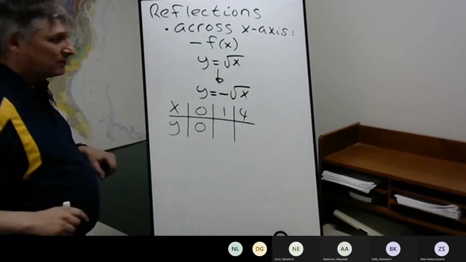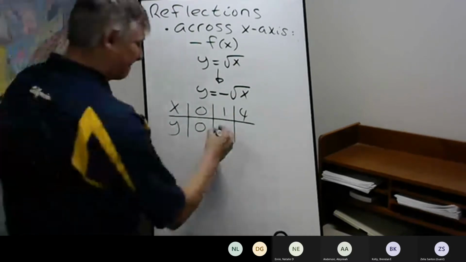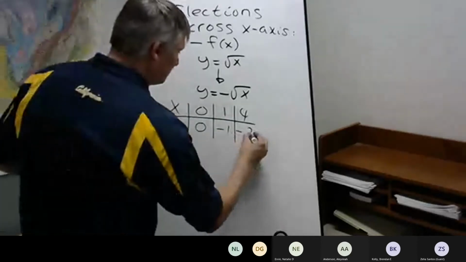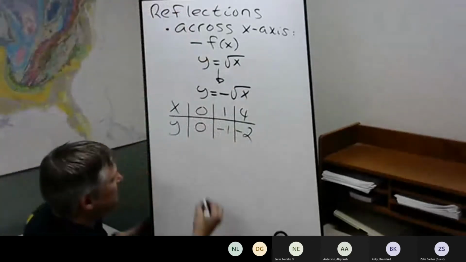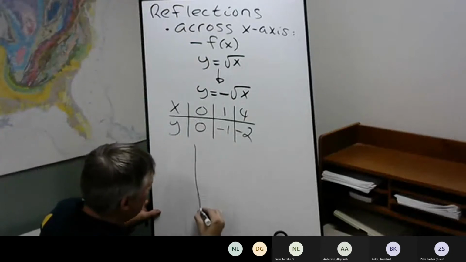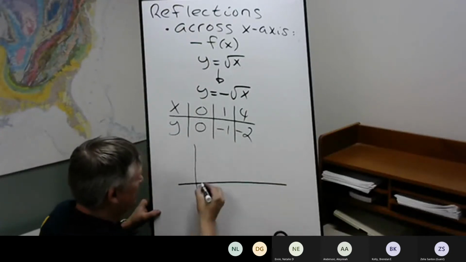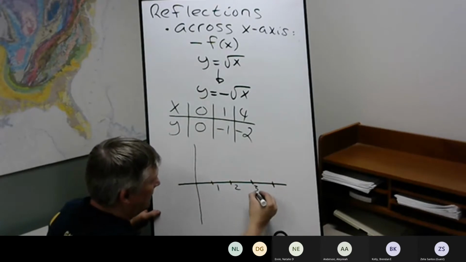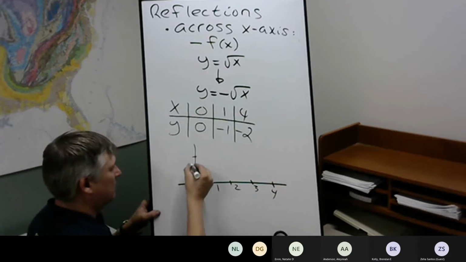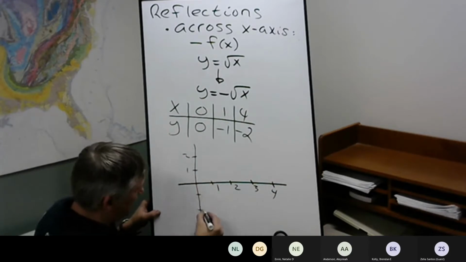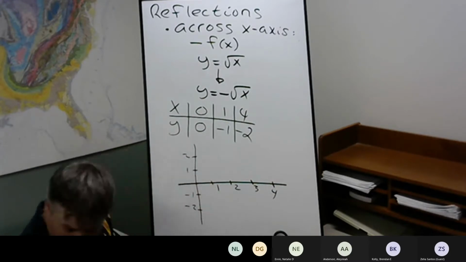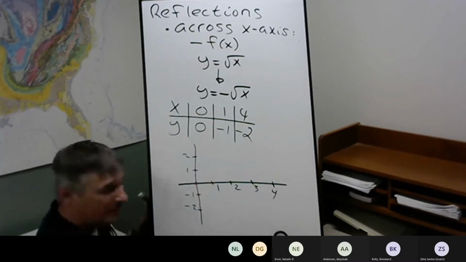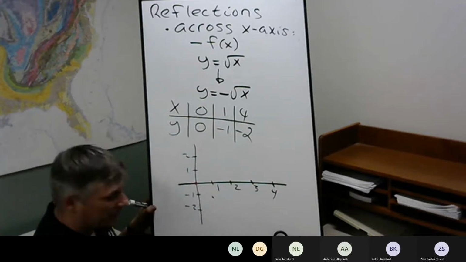Square root of 1 is 1, multiply by negative 1, you get negative 1. Square root of 4 is 2 times negative 1, negative 2. So (0, 0), (1, -1), (4, -2).